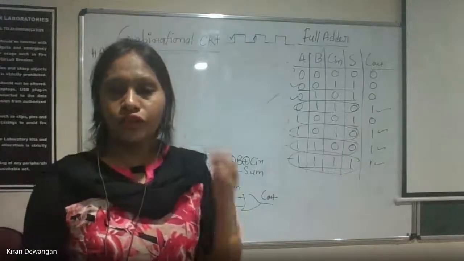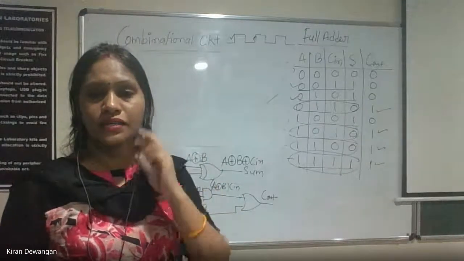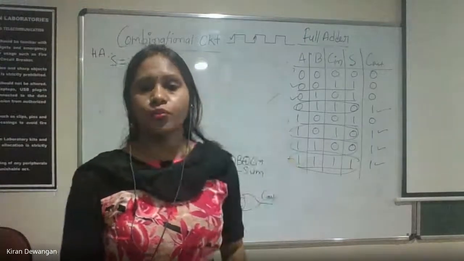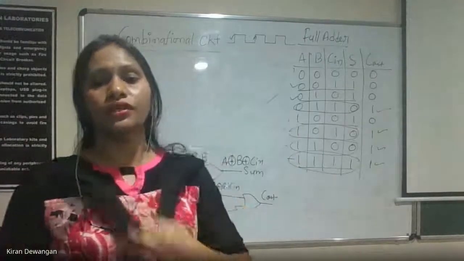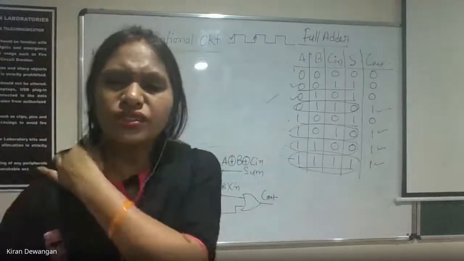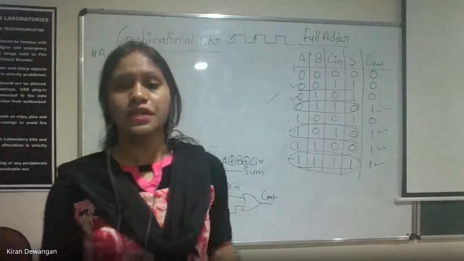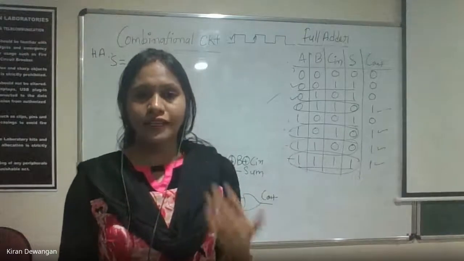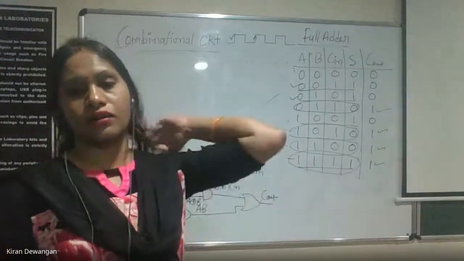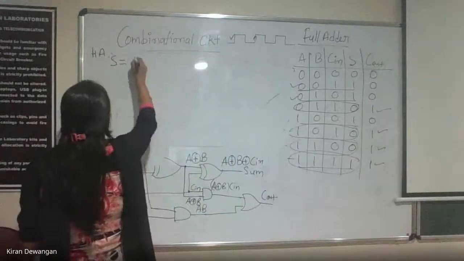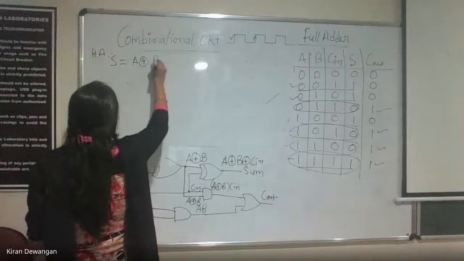I'm asking about the expression. What is the expression of the sum of a half adder? Yes, it's XOR. Correct. A XOR B.